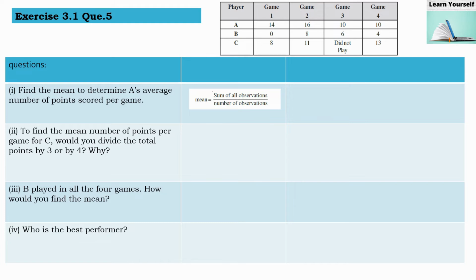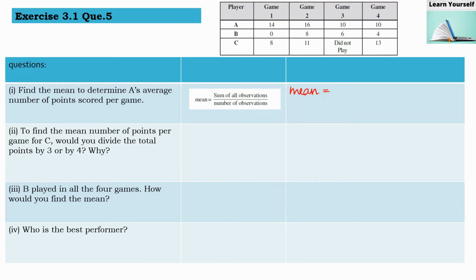So the first question is, find the mean to determine A's average number of points scored per game. So we have to find the mean for player A. So these are the observations. So mean equals, this is the formula, the sum of all the observations divided by the number of observations.